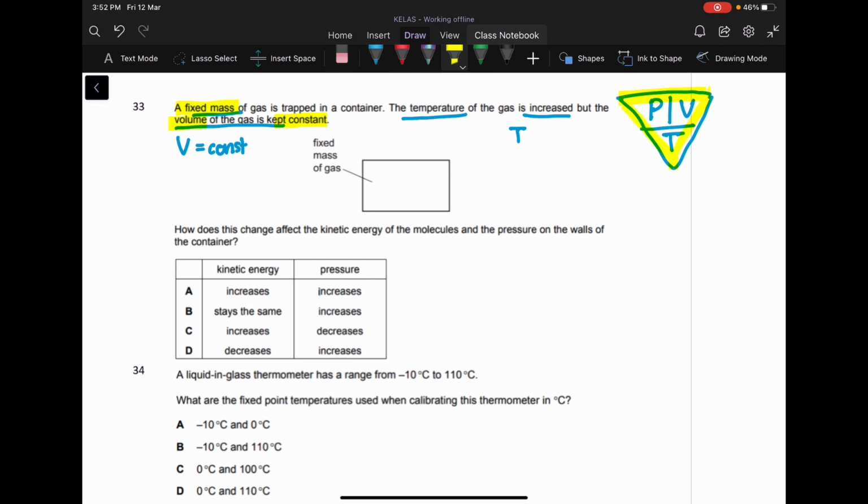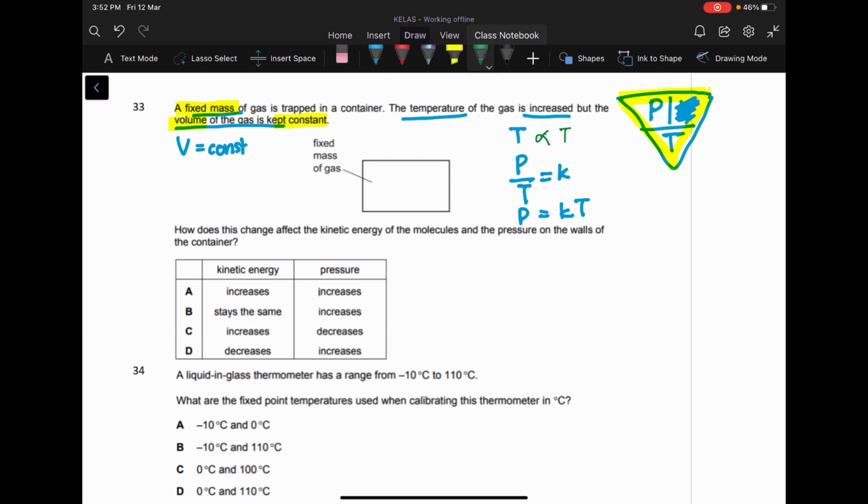Now since V is constant, the relationship is about P and T. The formula is P over T, so P equals KT. So the relationship is directly proportional.